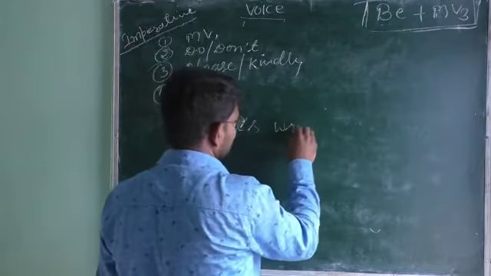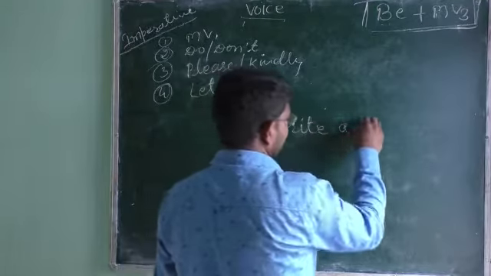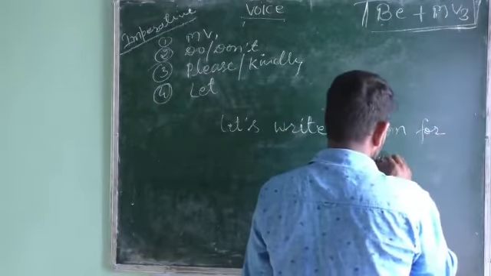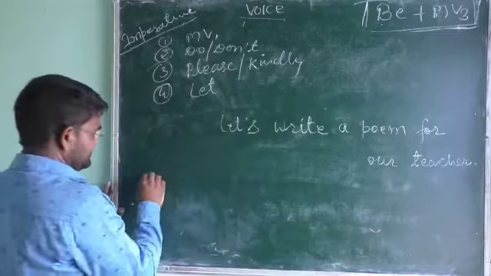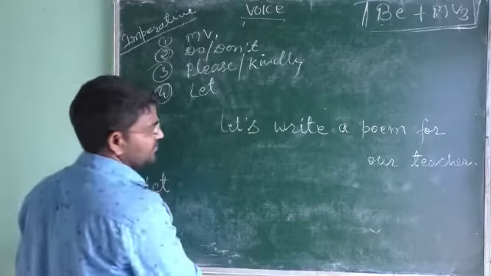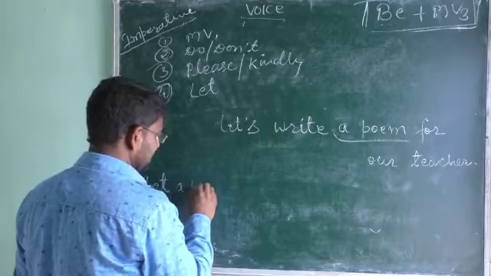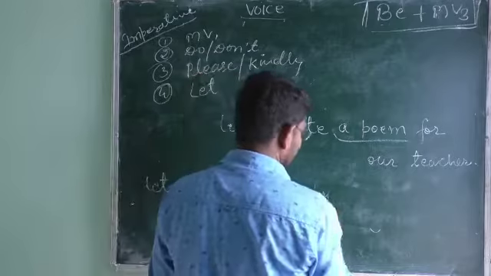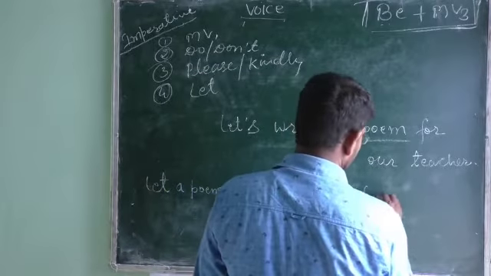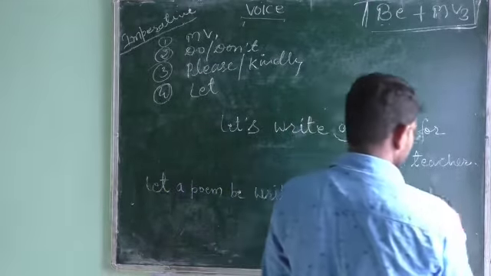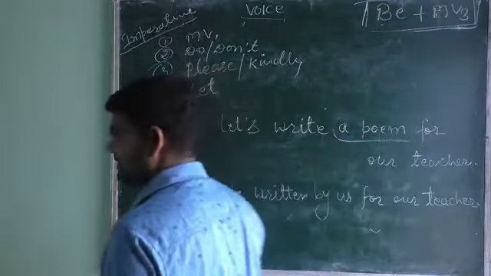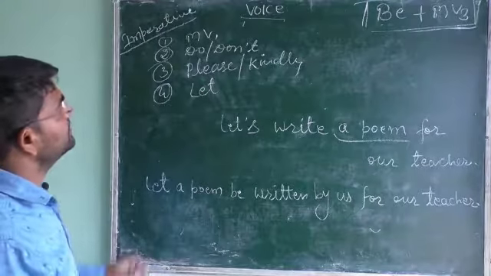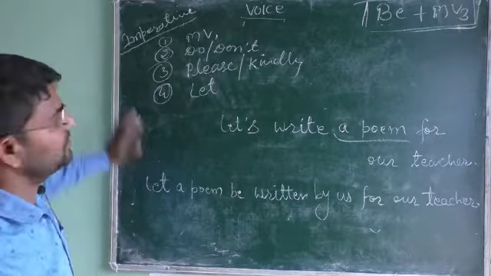Next, let's write a poem for our teacher. Let's, here change. Let, after that the object, this is the object. Let a poem be written by us for our teacher. These are imperative sentences we can change from active to passive. Okay, thank you.